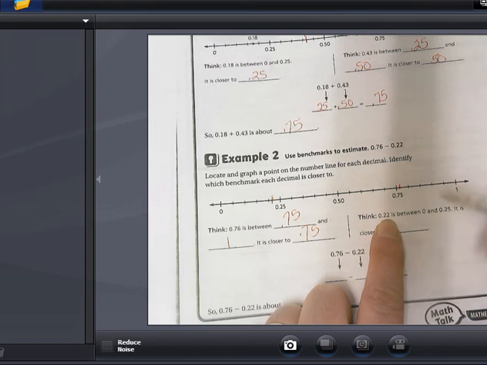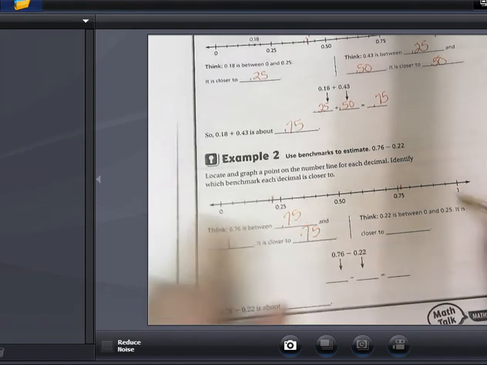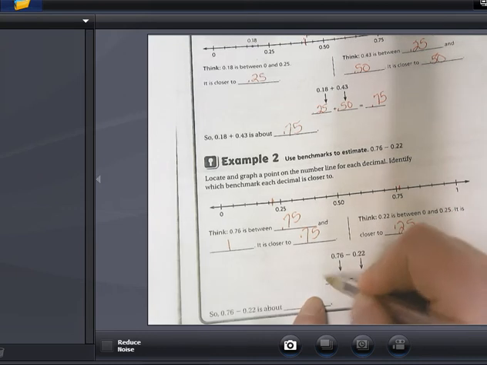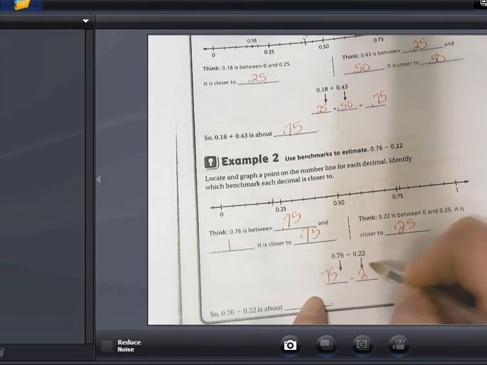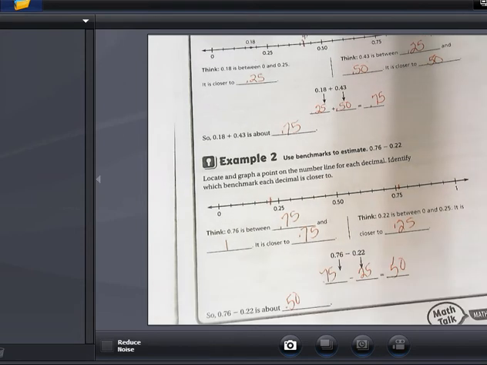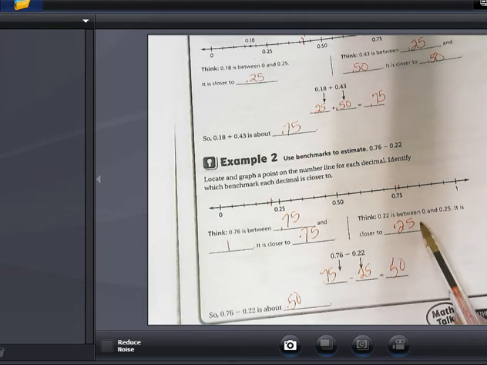It's between 0 and 25, but it is closer to 25 hundredths. So if I have 75 hundredths, take away 25 hundredths, I have 50 hundredths. So when I use my benchmarks, I get closer, and I have numbers that are familiar to me.